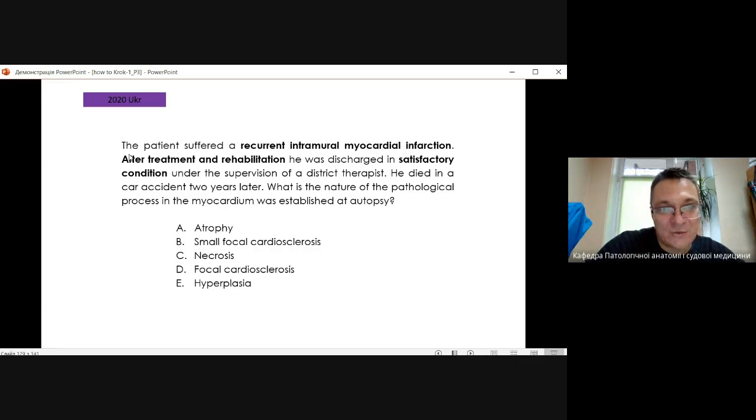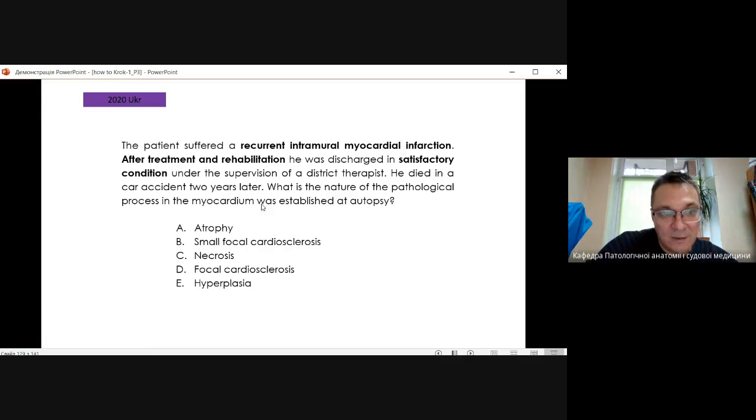The patient suffered a recurrent intramural myocardial infarction. Okay, that's what I already told you. That's some like brother or sister MCQ about this, but it was something different. After treatment and rehabilitation, he was discharged in satisfactory condition. You see the compensation of the post myocardial infarction condition.